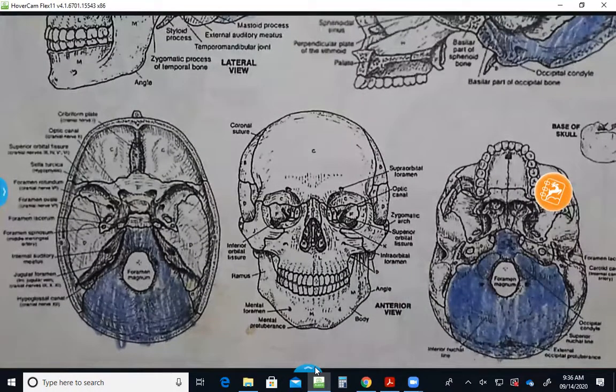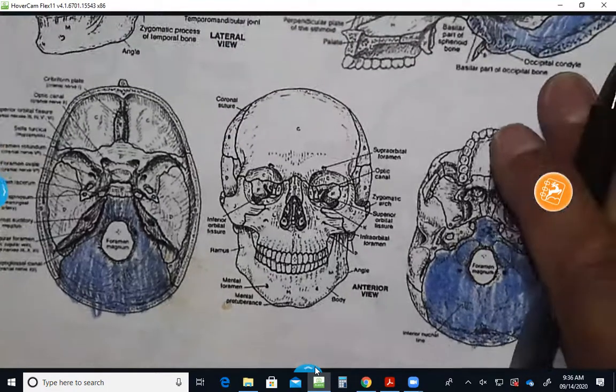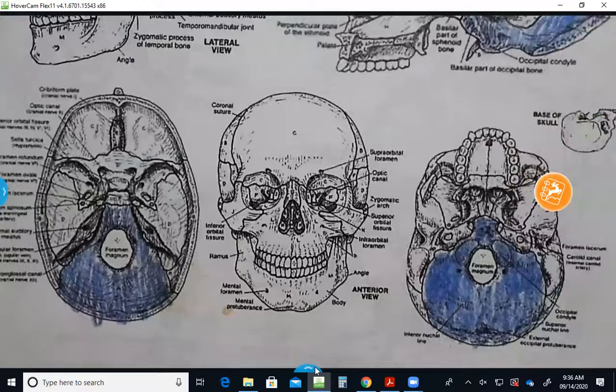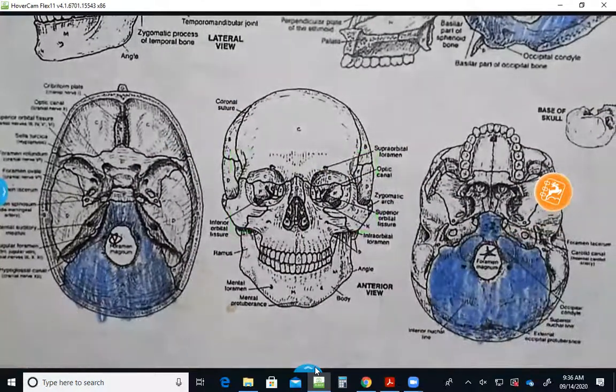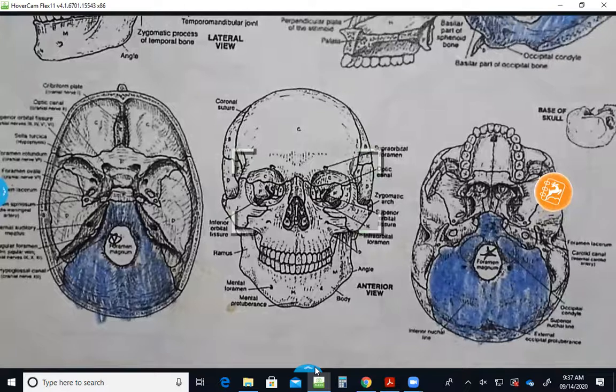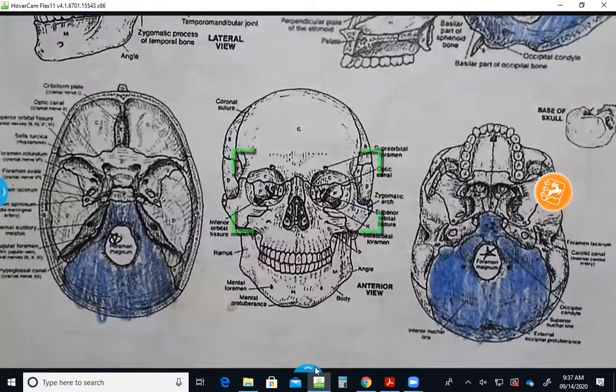All right, we'll go ahead and identify stuff associated with it first, and then we'll move on to the sphenoid. First thing I want to identify is that structure I earlier called a big hole. Visible there and there. This is, once again, the entry point for the spinal cord into the cranial cavity.